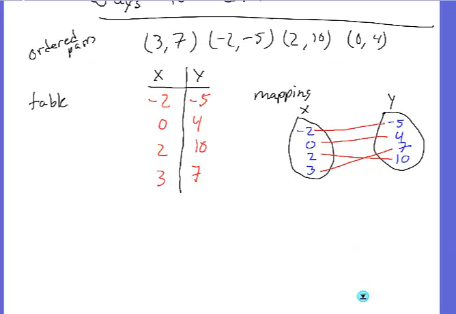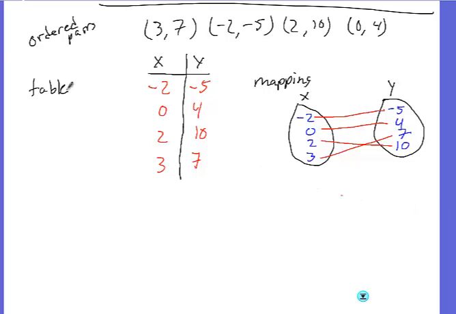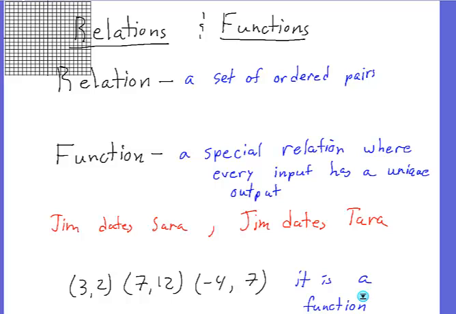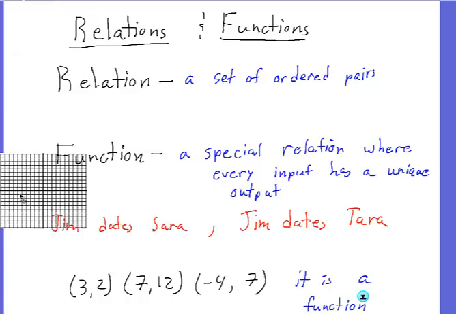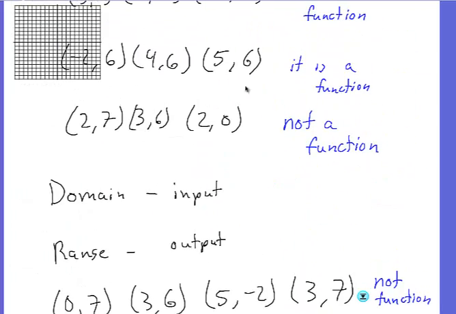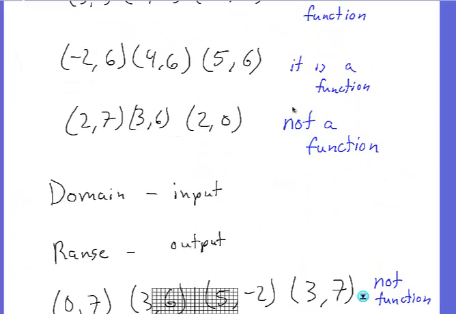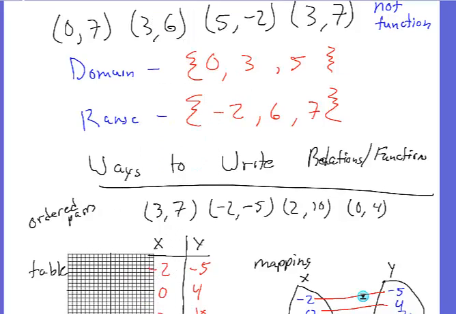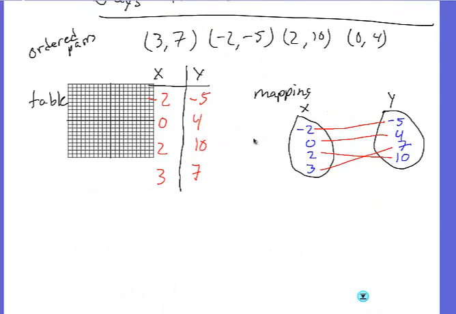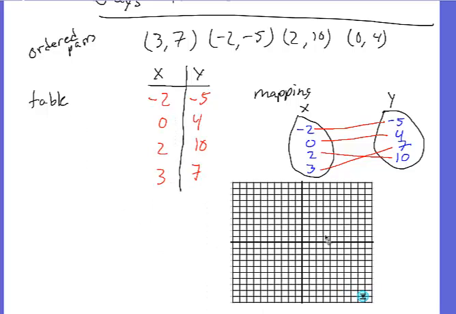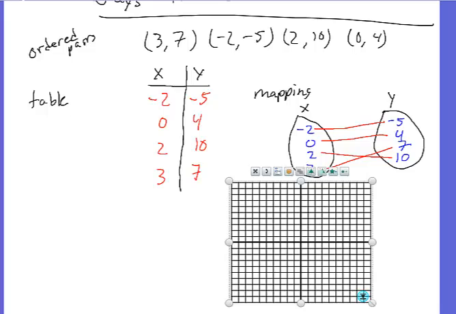Okay, that's a mapping. The last way is everyone's favorite. Well, that's a lie. It's not everyone's favorite. And that is graphing. But again, when we talk about graphing, sorry, the graph went all the way up there for some reason. We're talking about a coordinate plane. Okay, so all you're going to do is graph it.